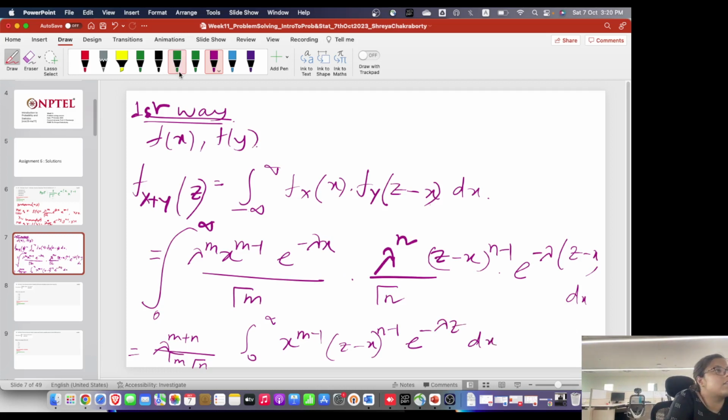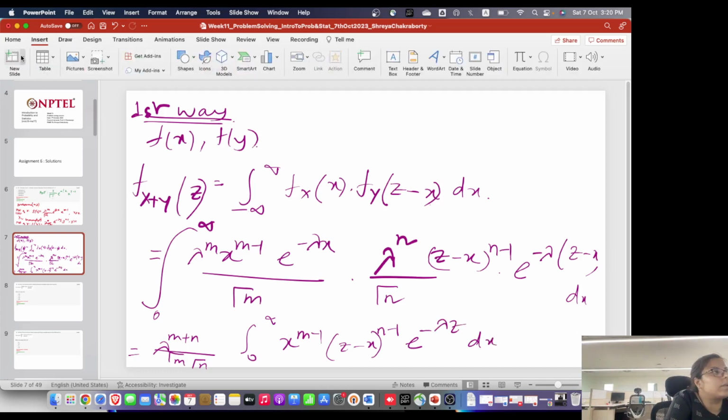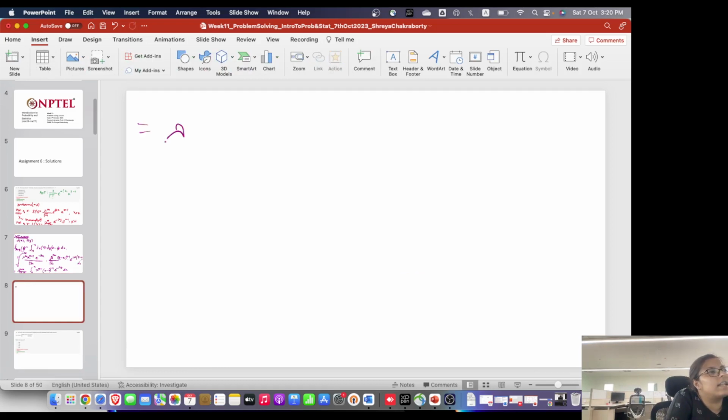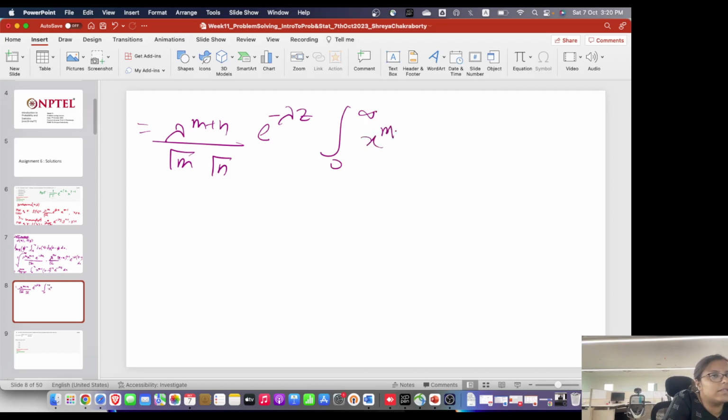This we can write as lambda to the power m plus n by gamma m gamma n, e to the power minus lambda z, times the integral from 0 to infinity of x to the power m minus 1 and (z minus x) to the power n minus 1 dx.